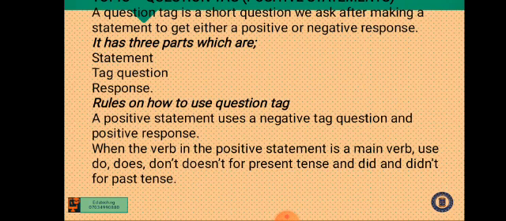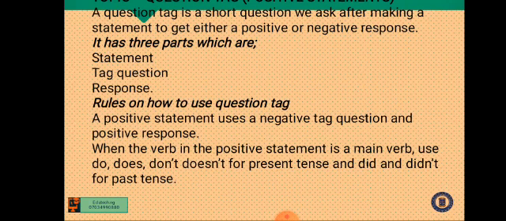And doesn't is a singular auxiliary verb, so it goes with a singular subject. That's when the person doing the action is one. Then the question tag should be also singular. Doesn't is singular. But if the people doing the action is more than one, you should use what?